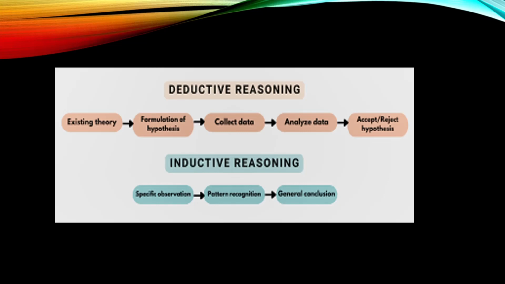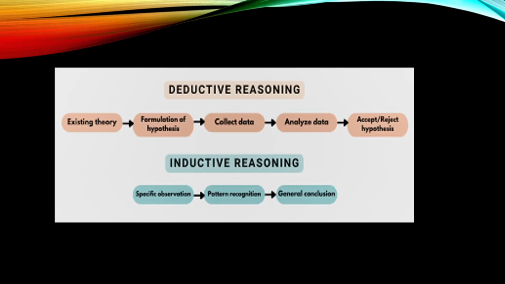So I think you can compare these two concepts. In deductive reasoning or deduction theory, we are starting with an existing theory. On the basis of that, we are formulating a hypothesis, collecting data, making the analysis and accepting or rejecting the hypothesis. That is, we are starting with an existing theory, a general theory, and then finally concluding at a particular level.